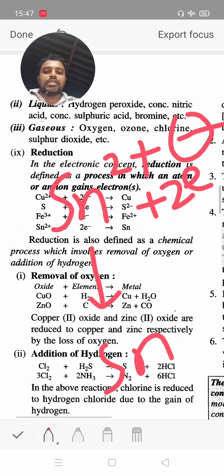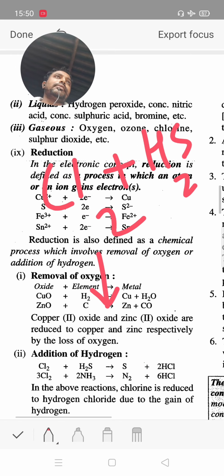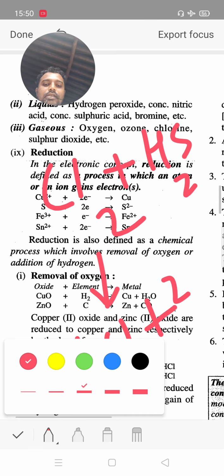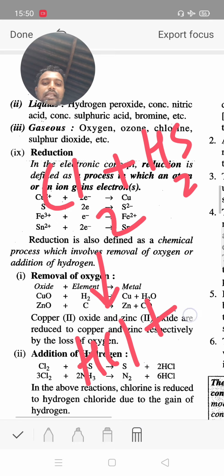Now we discuss the addition of hydrogen reaction. In the reaction Cl2 plus H2S, chlorine is reduced to hydrogen chloride, meaning gain of hydrogen, addition of hydrogen, and it gives 2 HCl and sulfur.